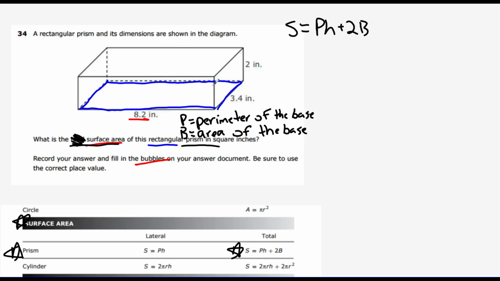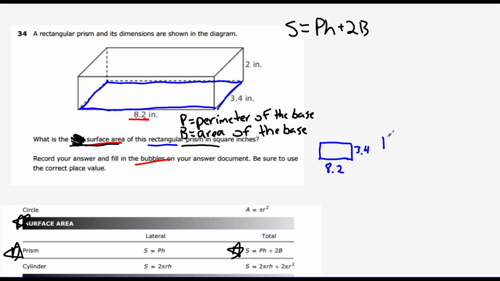So I'm going to draw a rectangle, not to scale, just so I can see it, and label it 8.2 and 3.4. And from there, I can find capital P and big B.